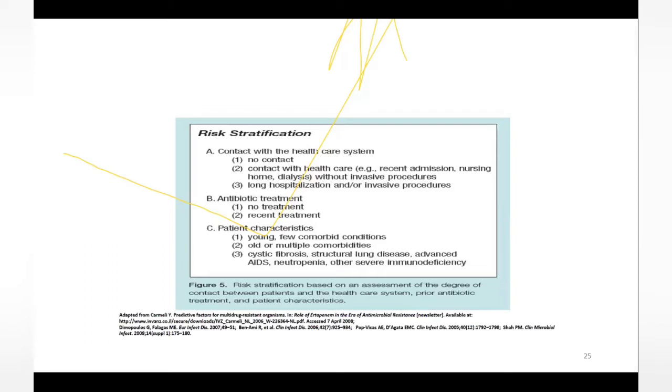Then thirdly, patient characteristics, whether the patient is young with comorbid conditions, whether he's old or with multiple comorbidities, or whether the patient has cystic fibrosis, lung disease, and other such immune deficiency disorders. So these three factors need to be considered while risk stratification of the patients.